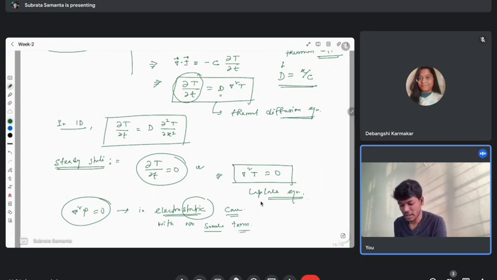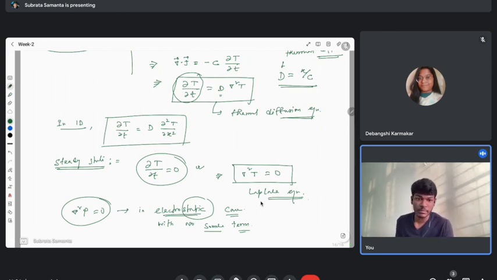Same thing here: grad squared T and grad squared phi. Here phi is the potential, and here the temperature is a field.